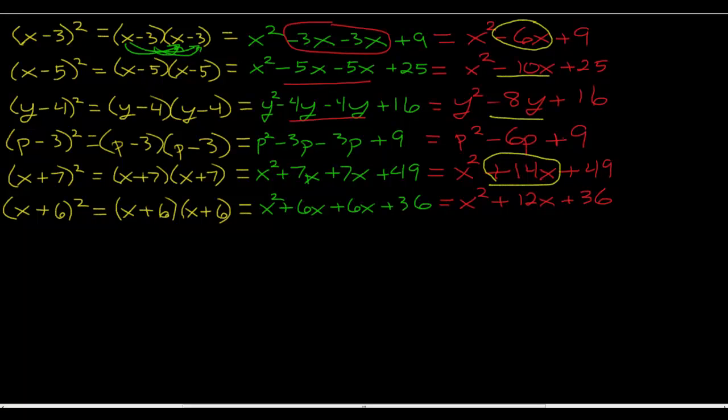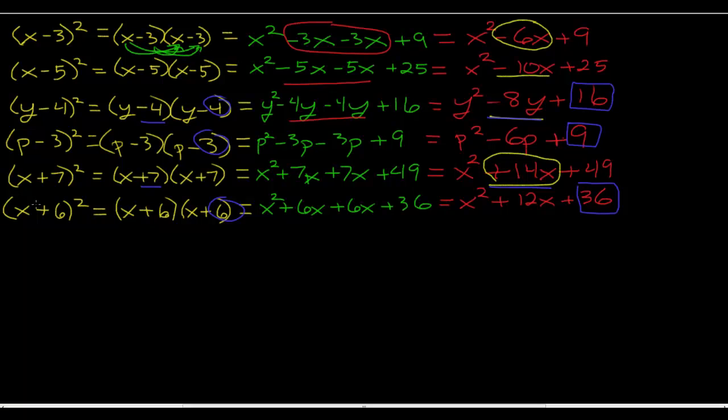We started with a minus 4 here, and now we have a minus 8. We started with a plus 7, now we have a plus 14. And then you'll also notice the last number. What do you notice about this last number? Or this one? Or any of them, they are always just the square of these numbers here.